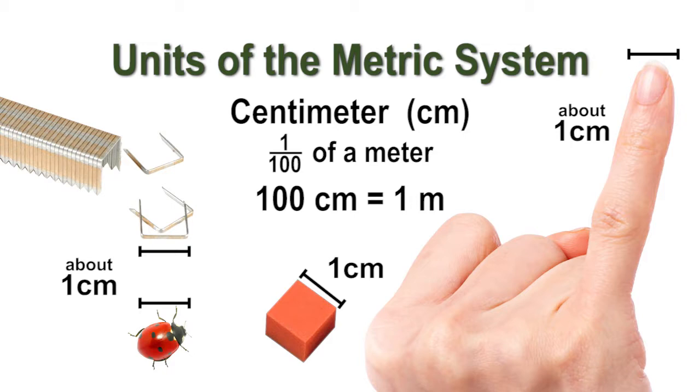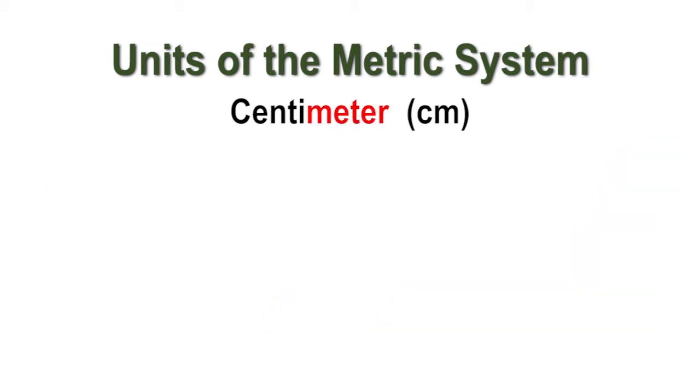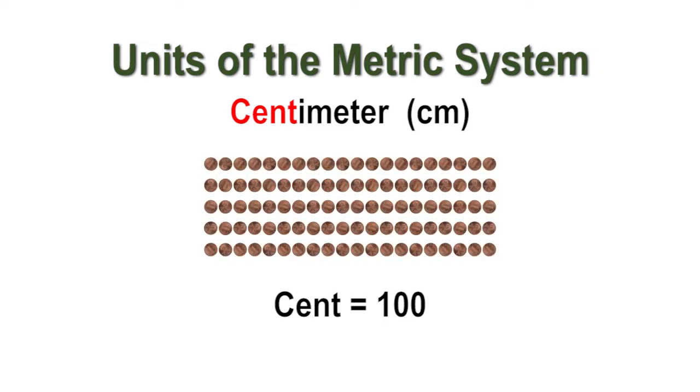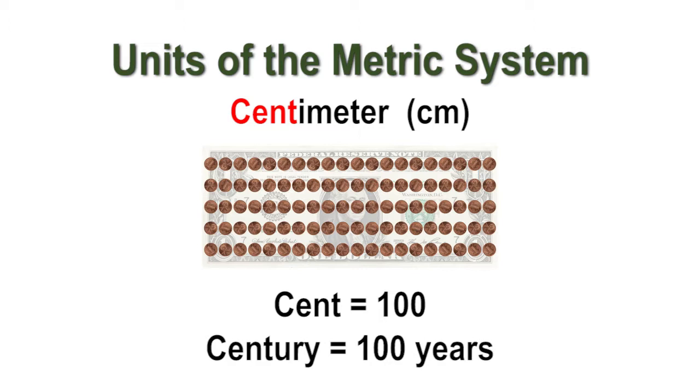Looking at the word centimeter, we see meter, so we know that this is a length measure. Then, we see the prefix cent, which means 100. We will see that prefix in other words that we use, such as cents, which means 100 cents that compose a dollar, or century, which means a set of 100 years.